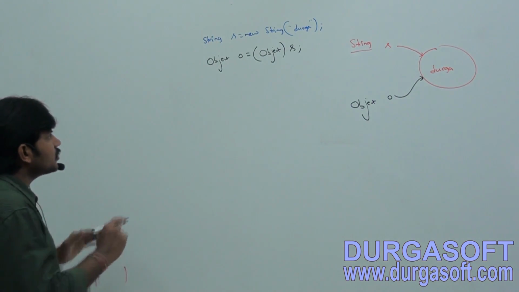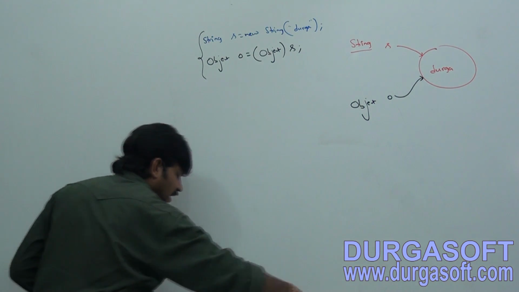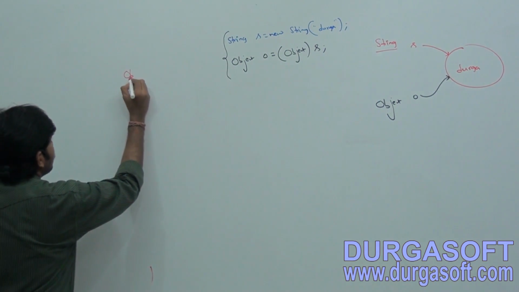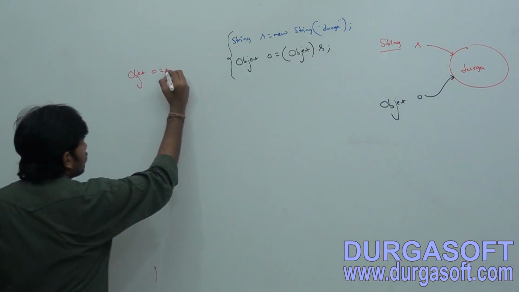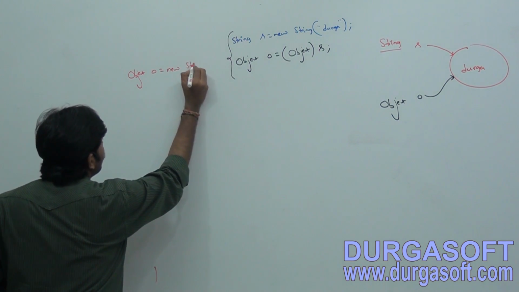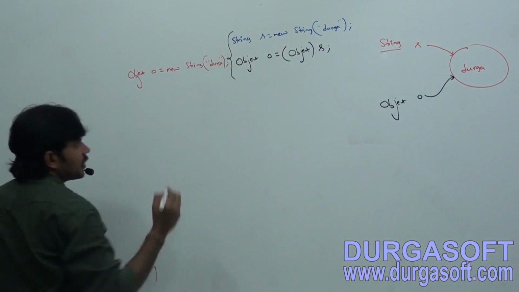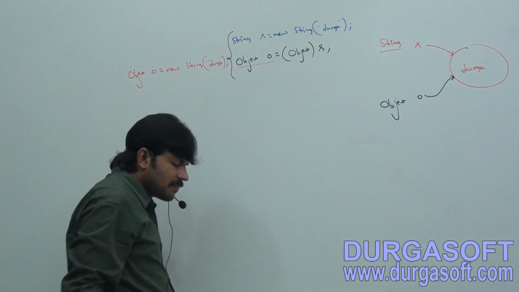Now, these are two things. If you want, I can combine them into a single line. Is it possible? Yes. What is that line? Object o = new String("Durga"). Sir, can you tell what type the reference is?